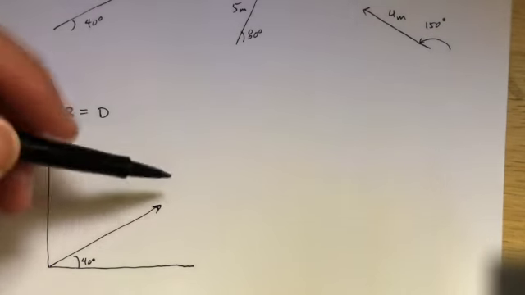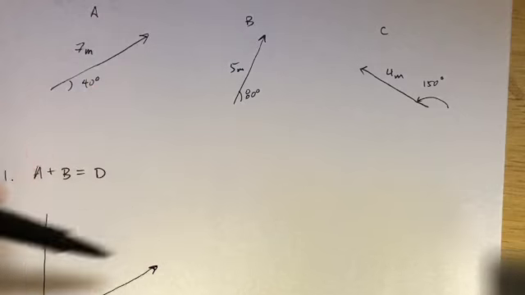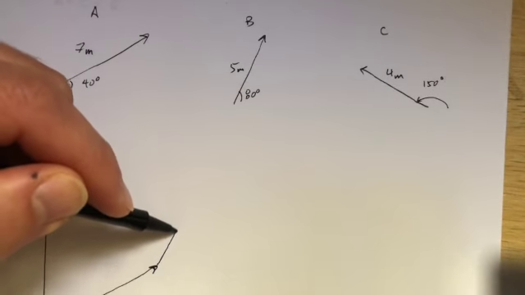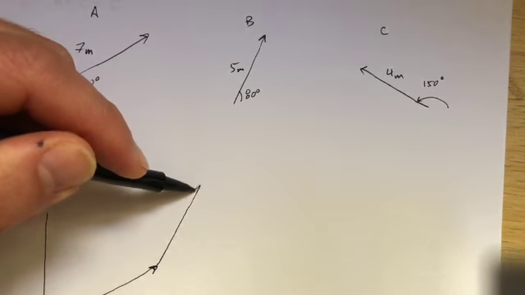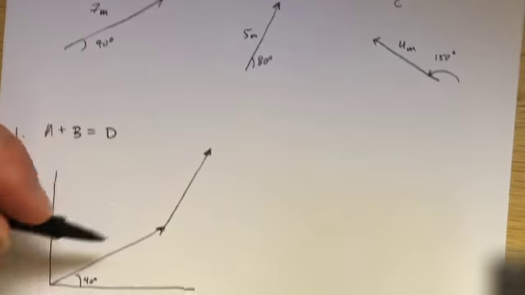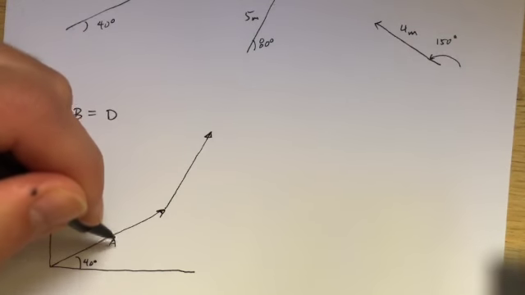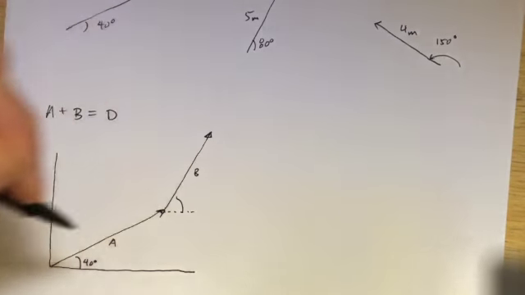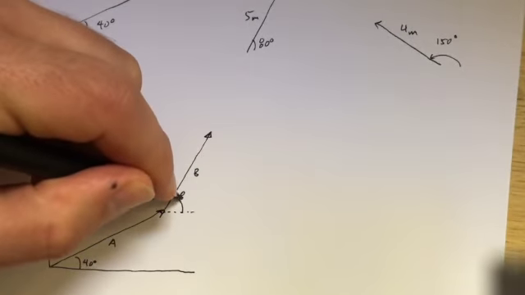All right, and then B, I'm going to take this vector, pull it down, and start drawing this one here on the head of A. So this was A, this is B, and here's that 80-degree angle that B has.